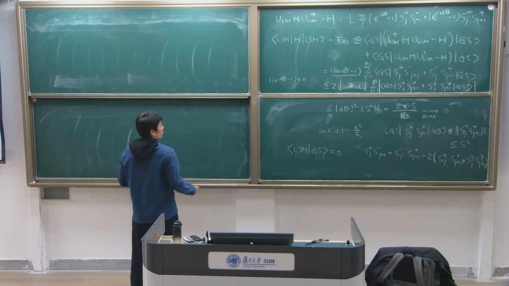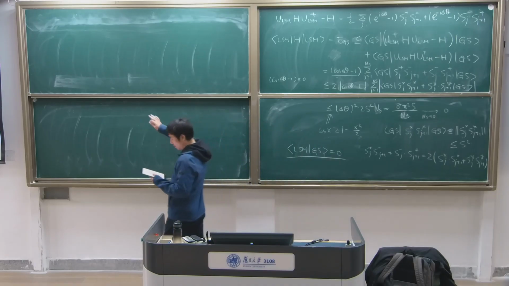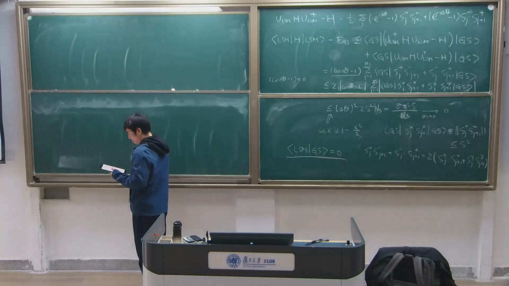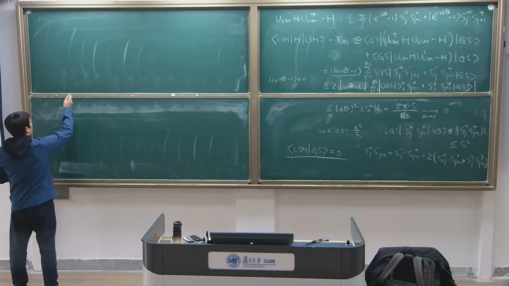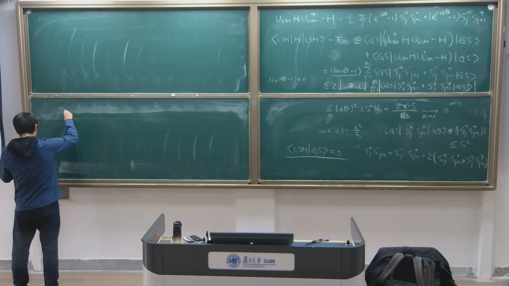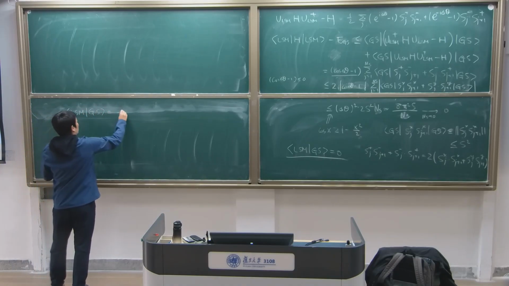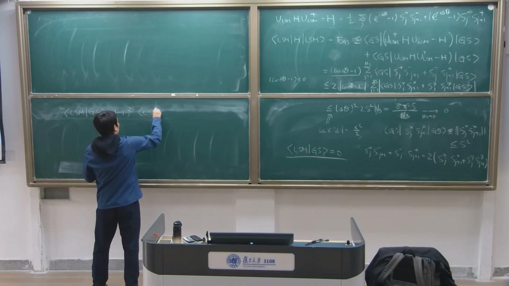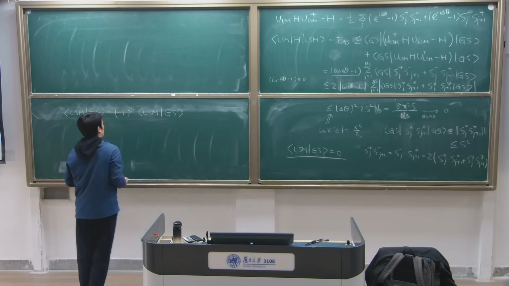So now we want to show this one. The last time we stated the alternative ground state. The key step is to show this one.